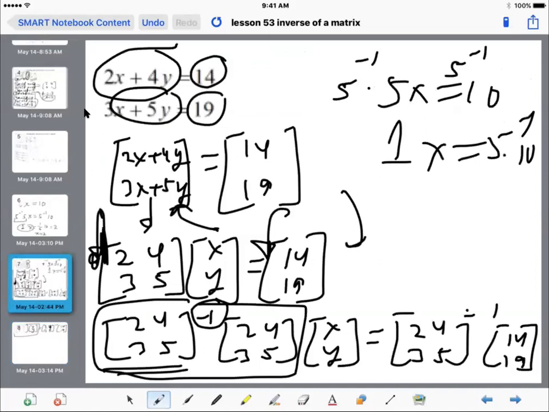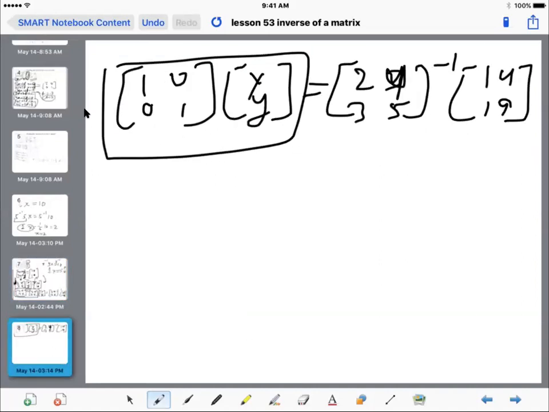That's kind of where we are in this problem. What's the product of this thing that has a box around it now? Well, the left side's the identity. So what does that make the product? Yes, it just becomes this [x; y] thing.